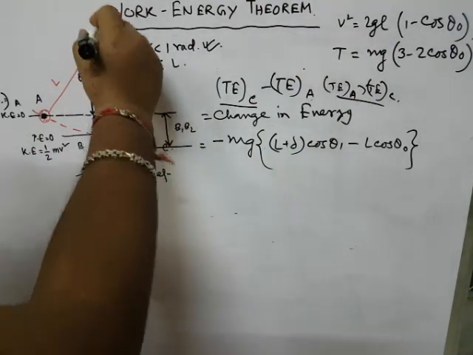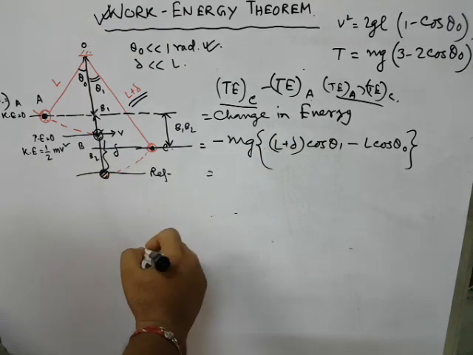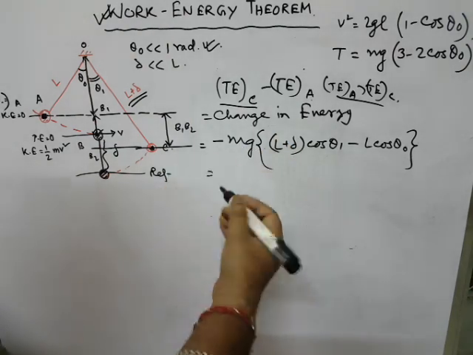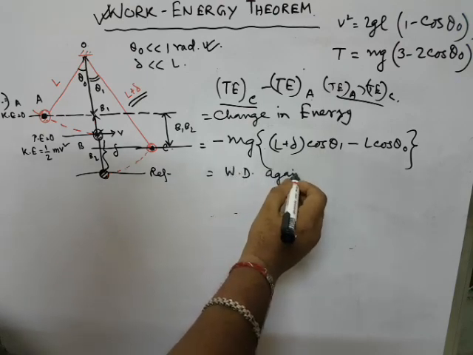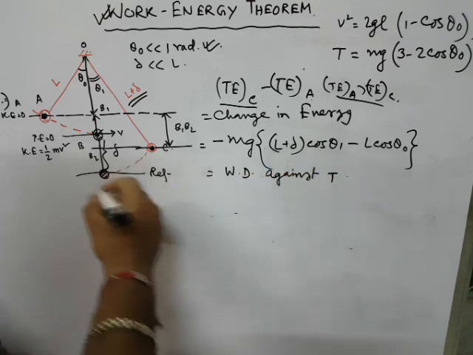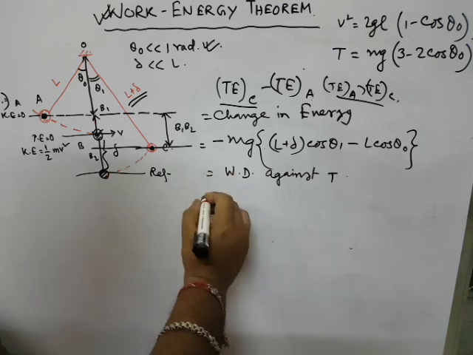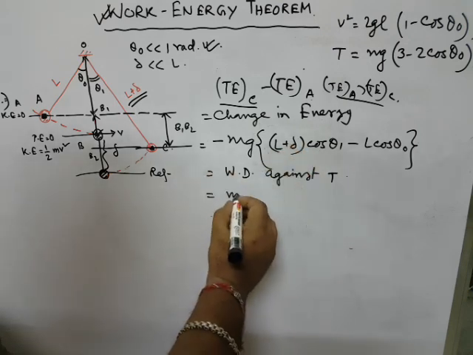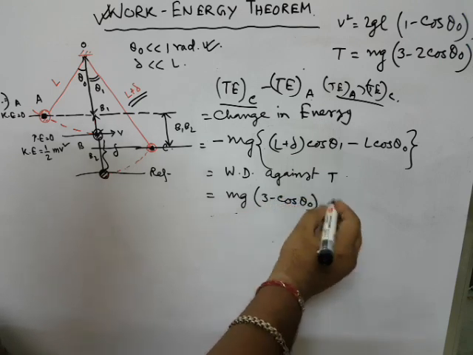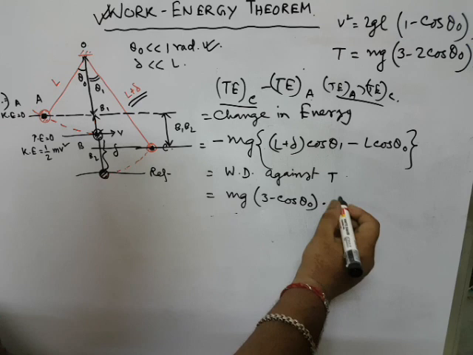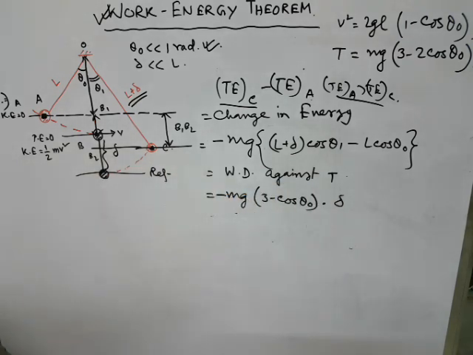And what is the work energy theorem now? The change in energy is equal to the work done. Work done by what? Work done against the tension T. T is our mg (3 minus 2 cos theta 0). This is upward and the displacement is delta, but delta is downward, so that will give you a minus sign here also.